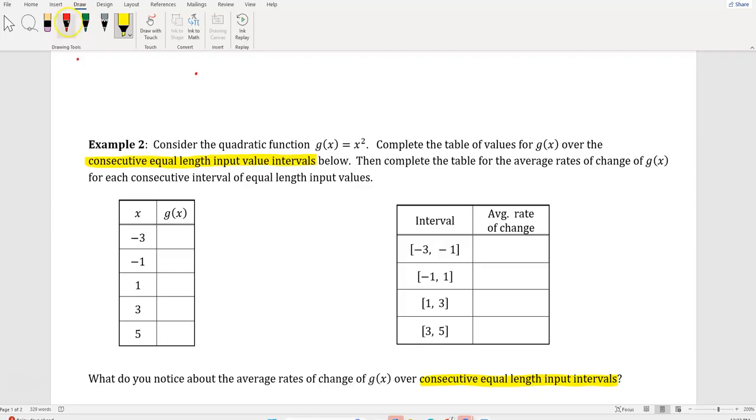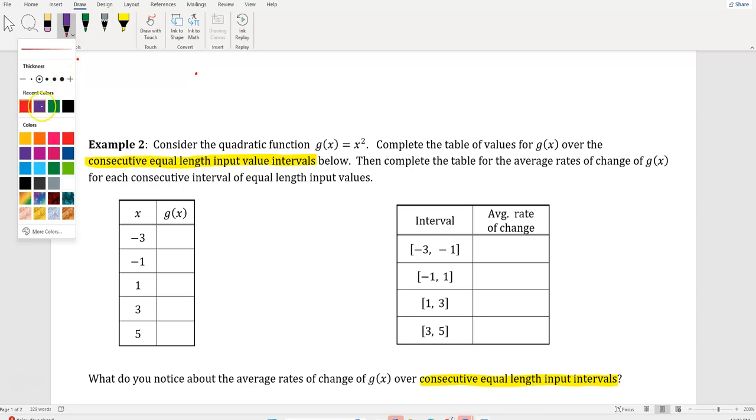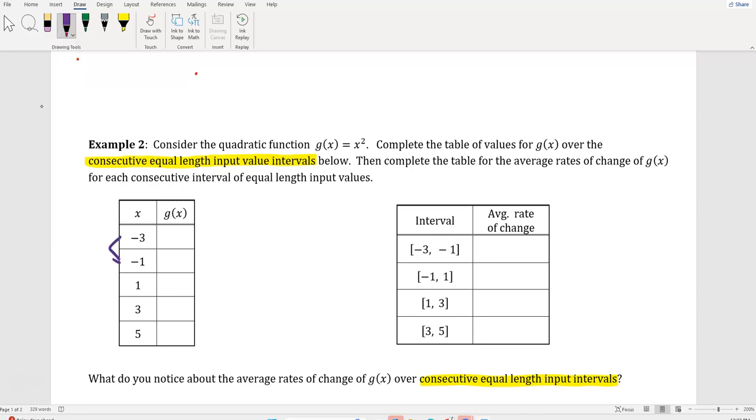All that means here is that your x values have to be increasing at a constant rate. So like on this table right here, your x values increase by 2 as you go down the table.